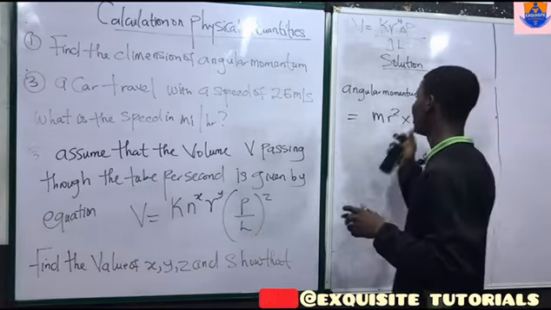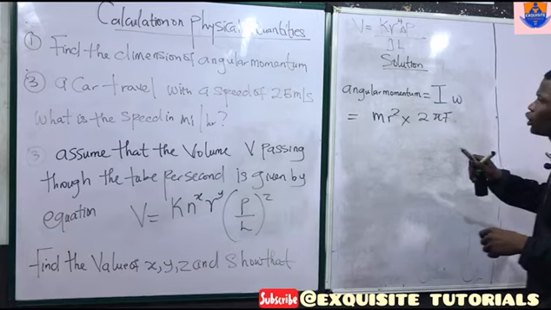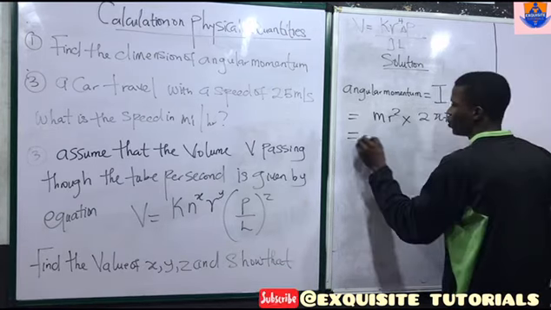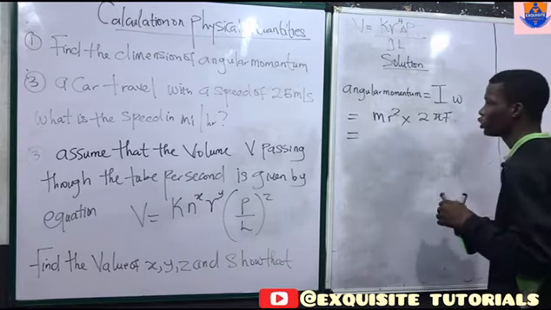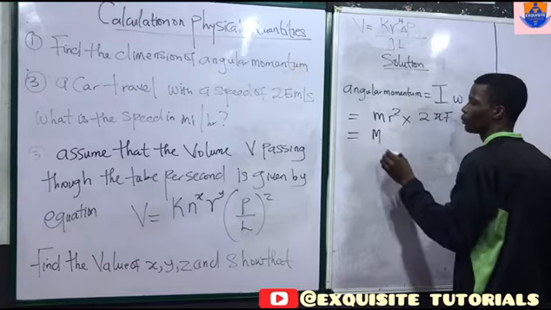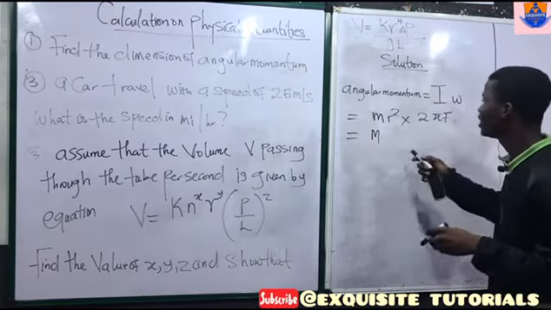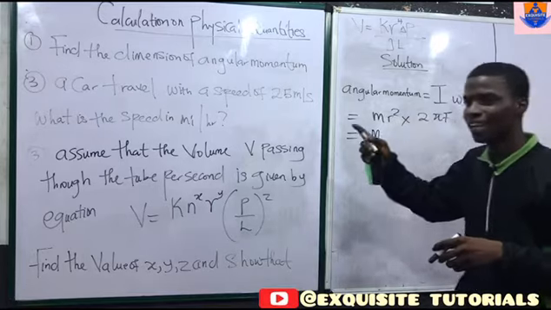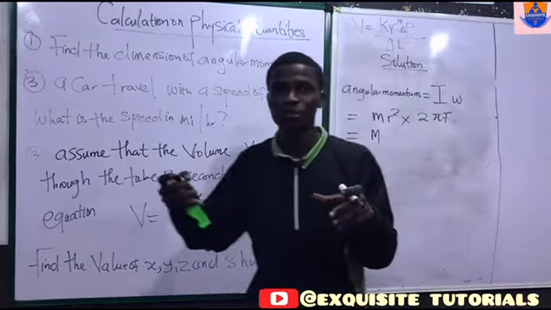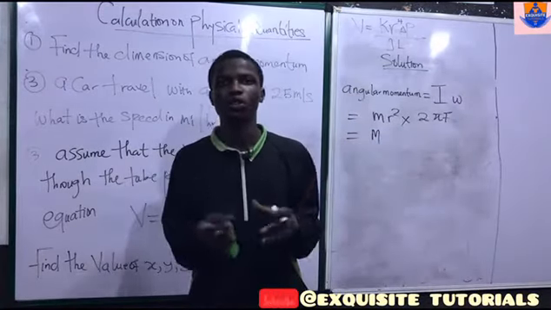So we're told to find the dimension. The dimension for mass, I already told you that for all fundamental quantities, is M. In this case, our length is the radius. Anything that has to do with the distance between 2 points is the length they are talking about.